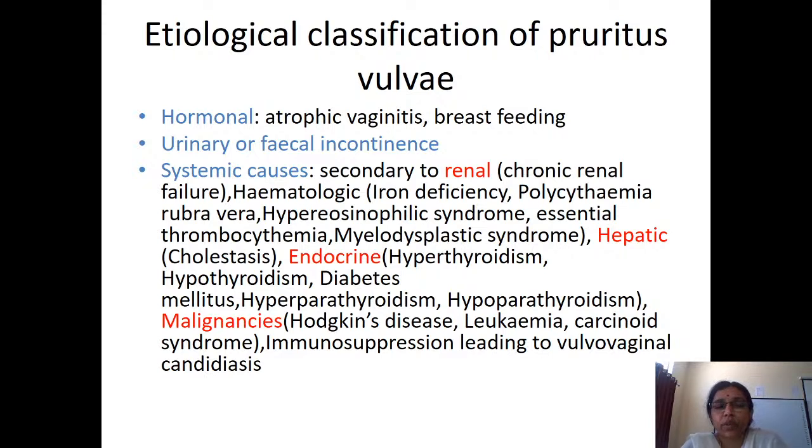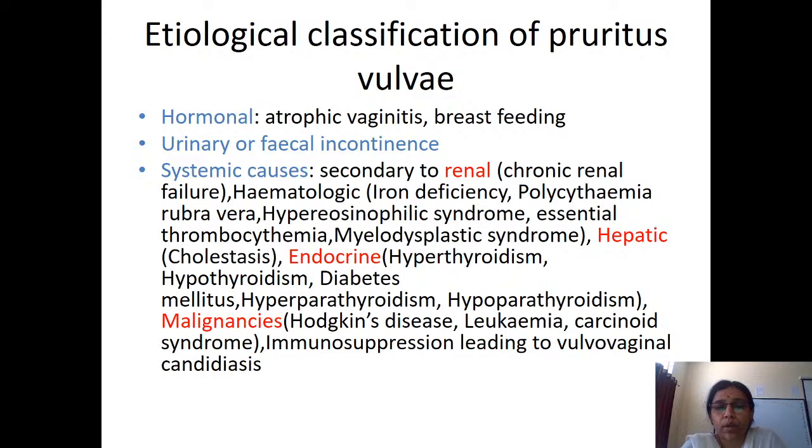Because of the deficiency of hormones, especially estrogen, in the postmenopausal lady, most of these women can present to us with atrophic vaginitis and the common complaint of pruritus vulvae. Again, in women who are breastfeeding, because of lack of estrogen, these women are prone to atrophic vaginitis leading to pruritus vulvae. So we should think of these hormonal causes as well.